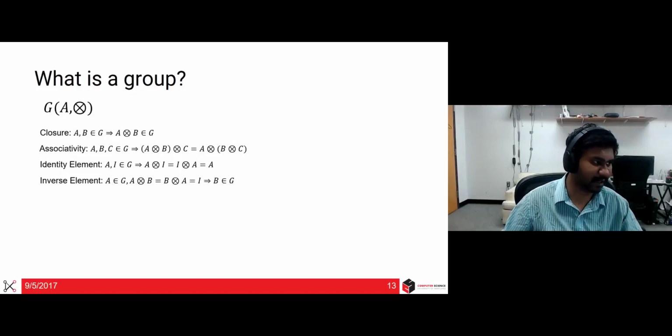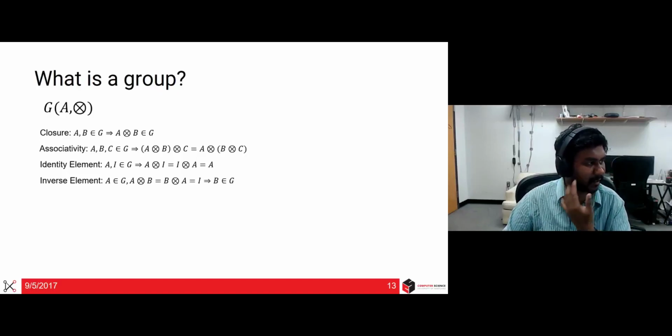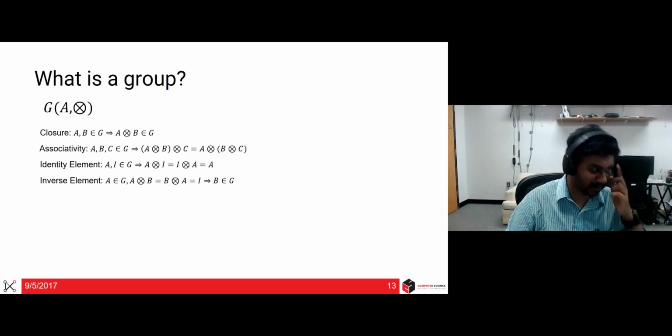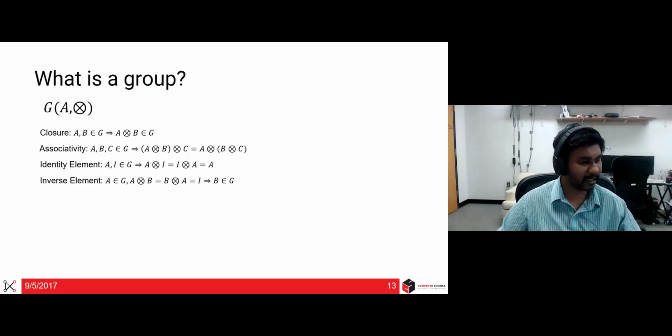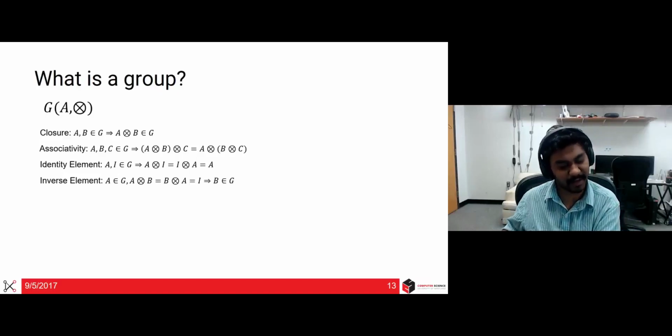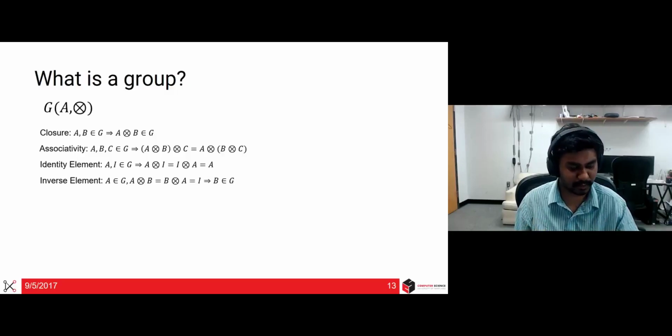Associativity, which everybody knows from high school math. Identity element says that there should be an element in the group G, which if I use the operation with respect to any other element, I should get back the same element. It's analogous to 0 for addition, like anything plus 0 is the same element, or analogous to the number 1 in multiplication, which we learned in high school.